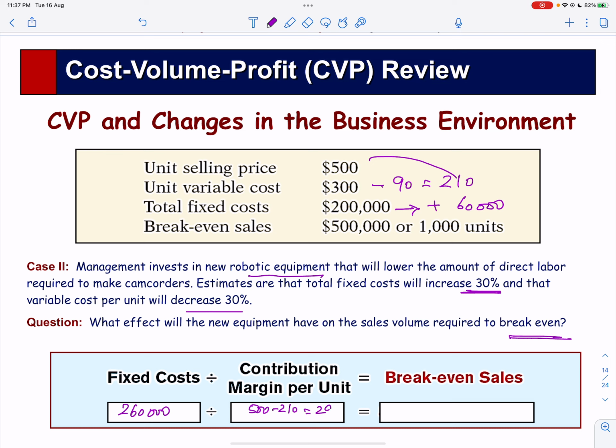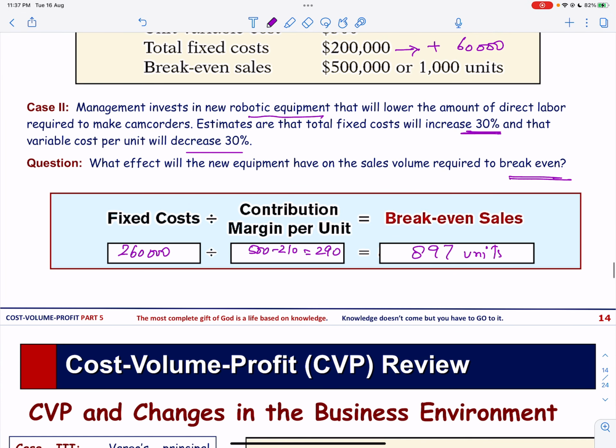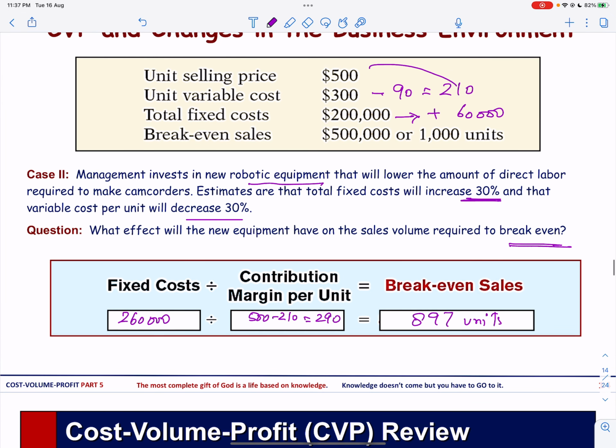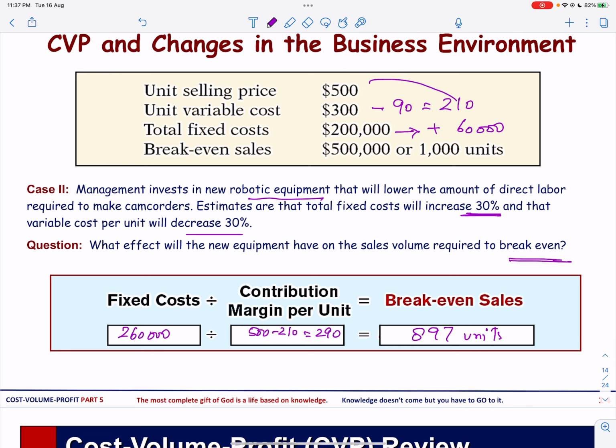That will give us 290, and when we divide, we get 897 units. So the break even is going to reduce by 103 units in case number 2, that is an increase in the fixed cost by 30% and a decrease in variable cost by 30%.